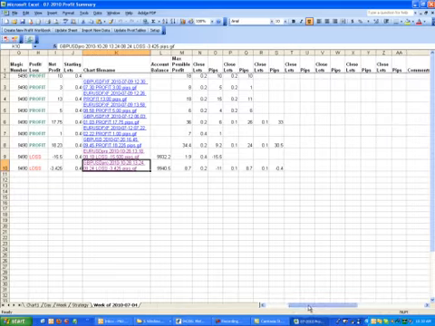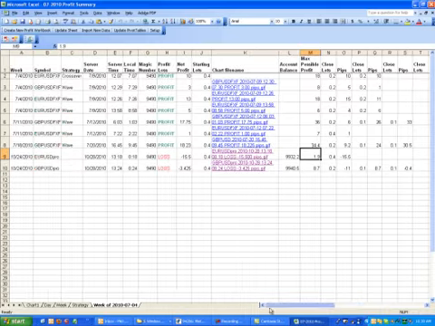Now it also goes through and it gives all the points where you took partial profits. So here it took half at minus 11, another half at 8.7, and closed it out at minus 0.4.